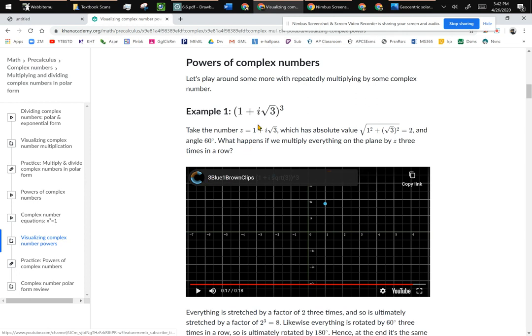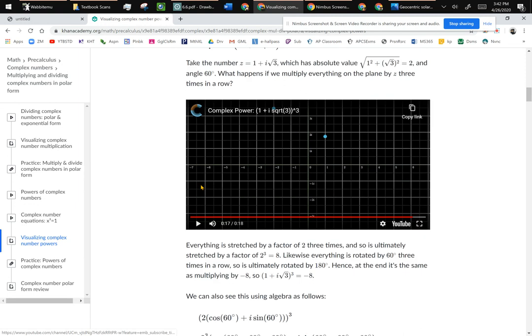Now, Khan Academy does a nice job of putting the context to the video, so I appreciate that. And what you have to understand is if I have 1 plus i root 3, that complex number is the same thing as 2 cosine 60 plus i sine 60, because basically if you go 1 over and root 3 up, the distance from the pole would be 2, right?